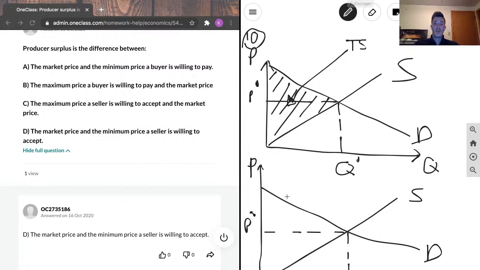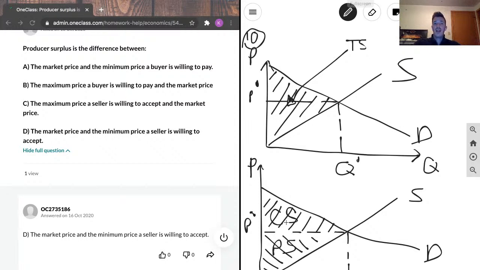But you can divide this surplus into two different kinds of it. Where this is producer surplus when it is left of the supply curve and below the price, and this is consumer surplus. It's above the price and to the left of the demand curve.